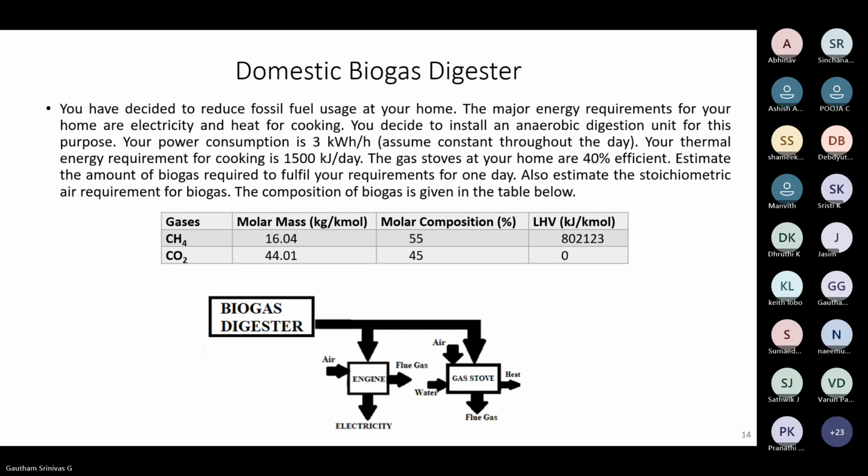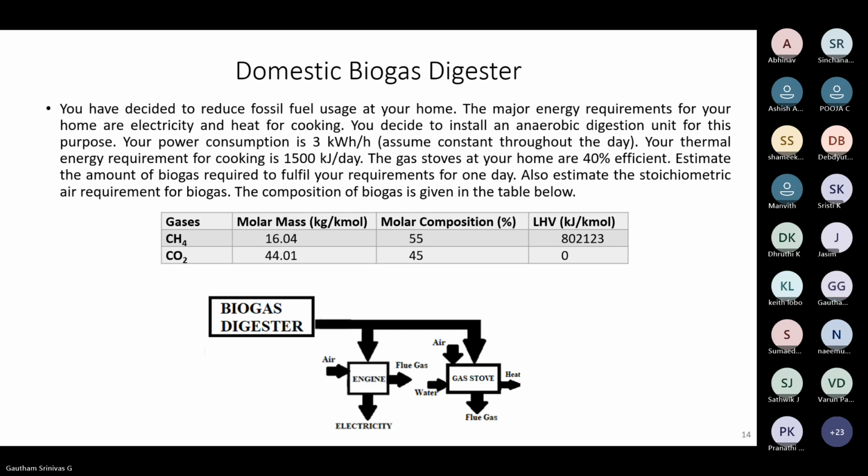The thermal energy requirement for cooking is 1500 kilojoules per day. The gas stoves are 40% efficient. Estimate the amount of biomass required to fulfill your requirements for one day. And also estimate the stoichiometric air requirement for biogas. I have given you the composition of biogas here.